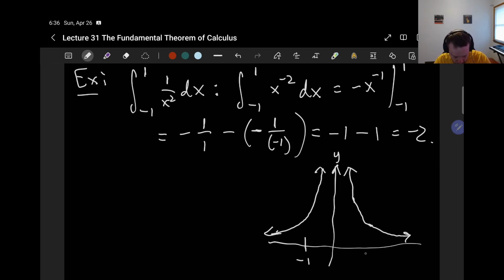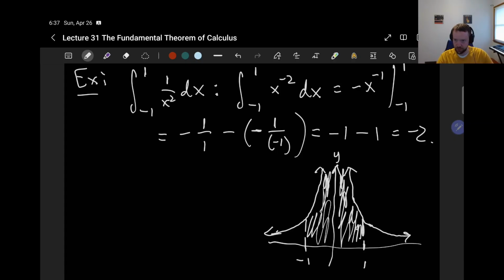Let's say this is -1 and 1. So I'm talking about this area then. Does that look like -2? No, it's positive. Not only that, it's actually infinite, positive infinity.